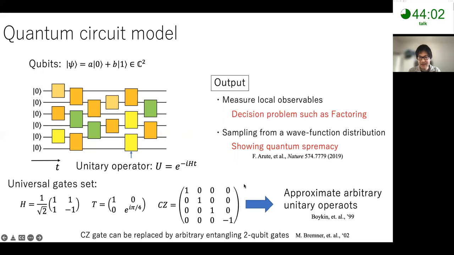And the last one is the CZ gate, which is a 2-qubit gate and makes entanglement between 2 qubits. This is written in this form as a matrix. They can approximate arbitrary unitary operators, which means that we can replace this unitary operator by these 3 operators. And interestingly, a CZ gate can be replaced by an arbitrary entangling 2-qubit gate.